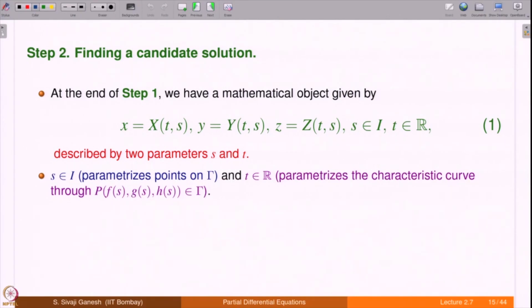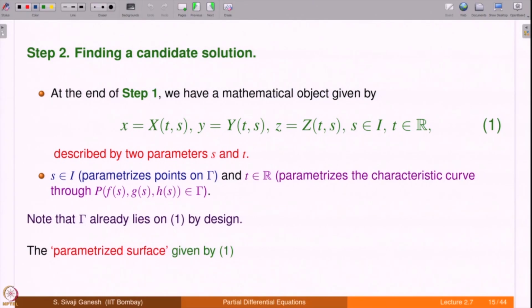As I pointed out earlier, s represents a parameter running on the datum curve gamma, and t in R is parameterizing the characteristic curve passing through this point on gamma, which is visited when t equal to 0. Of course, gamma already lies on (1) by design of the initial conditions.